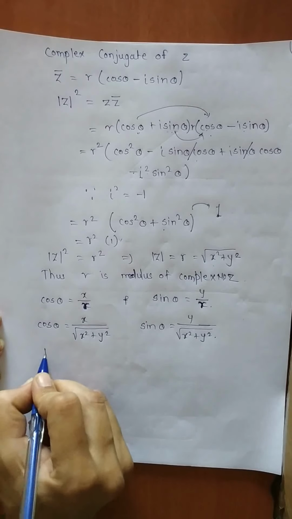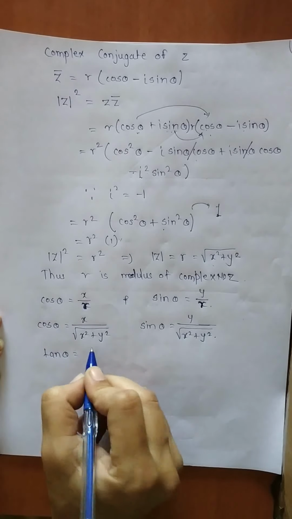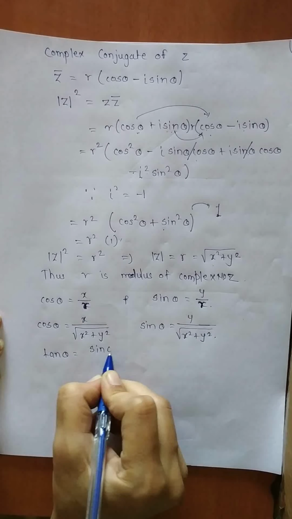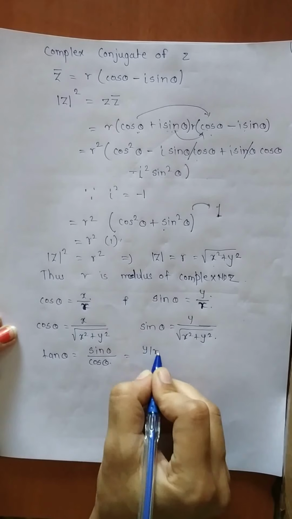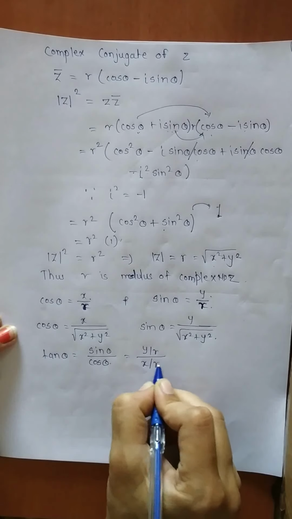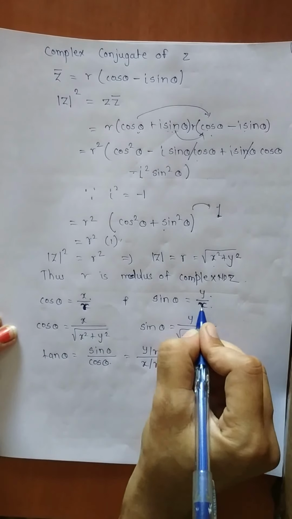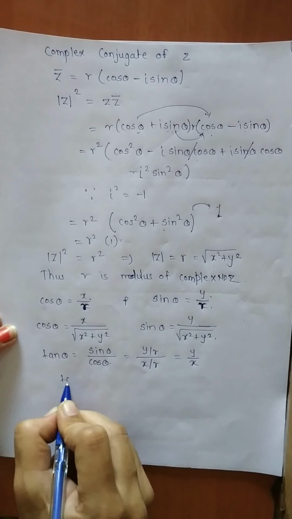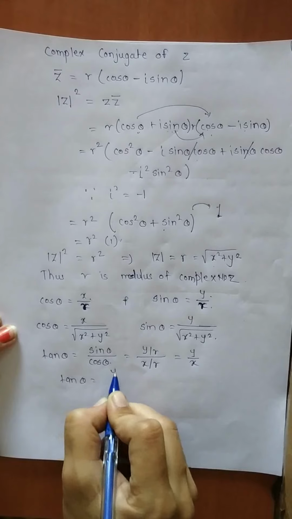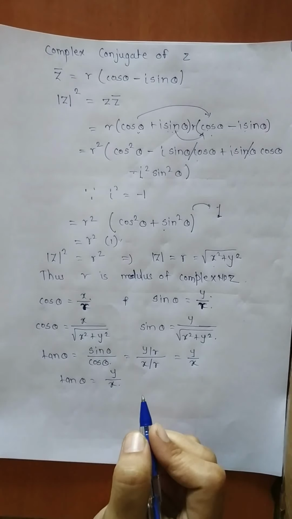From this I can find tan theta. Tan is sin upon cos, with sin as y by r and cos as x by r. So we get tan theta equals y upon x.